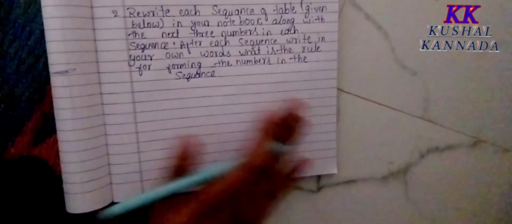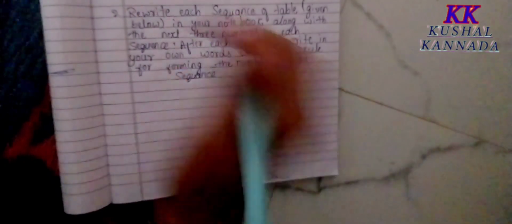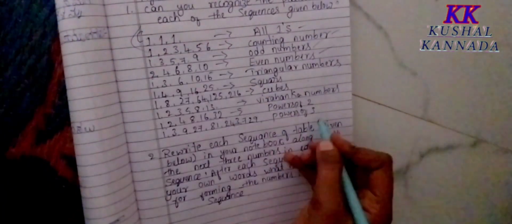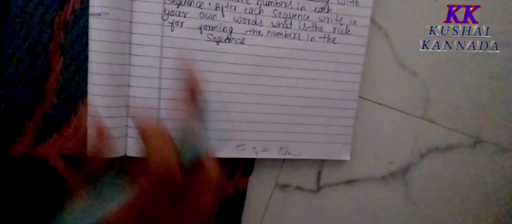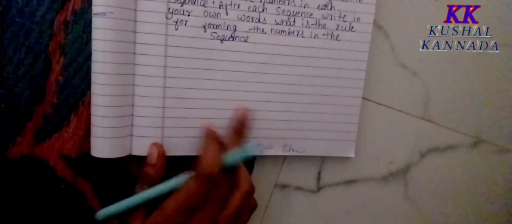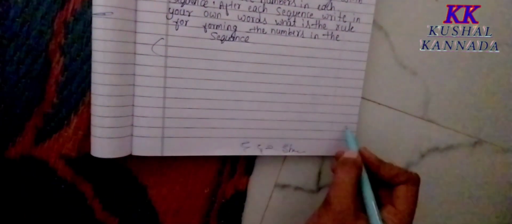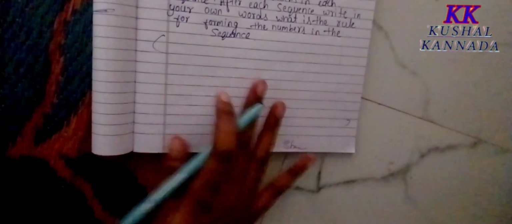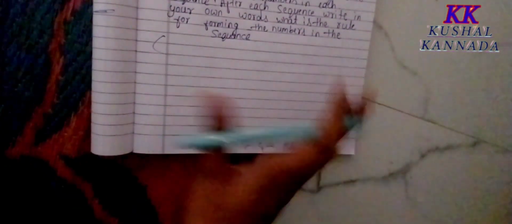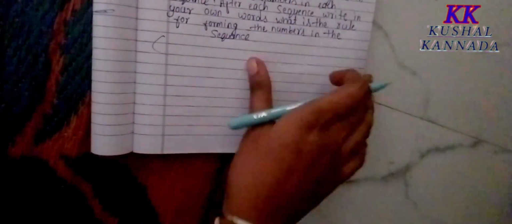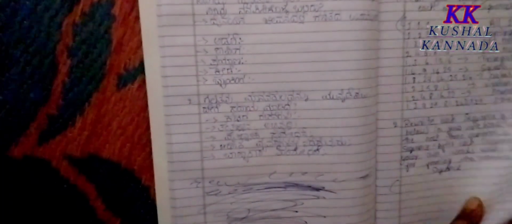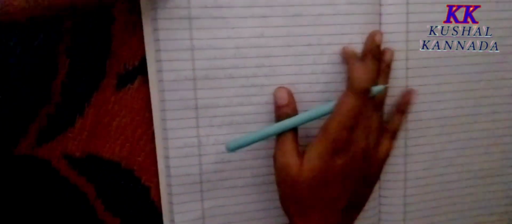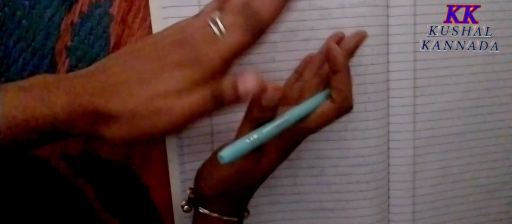So you write this table in your textbook or notebook. Okay. Write one time and next explain you write. See, I will explain.